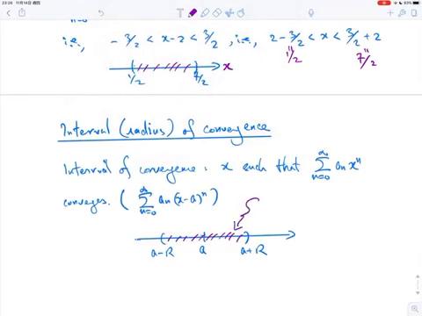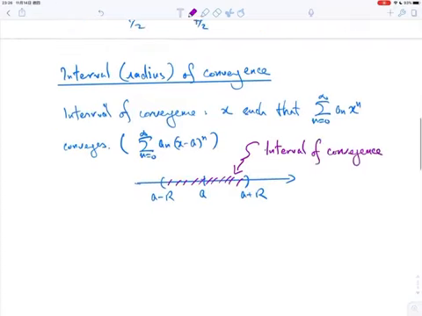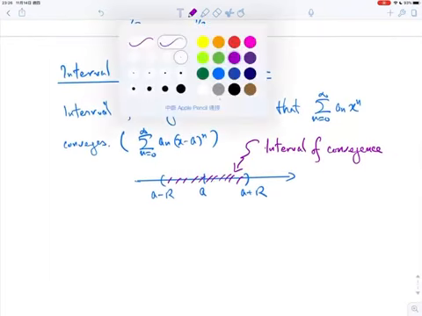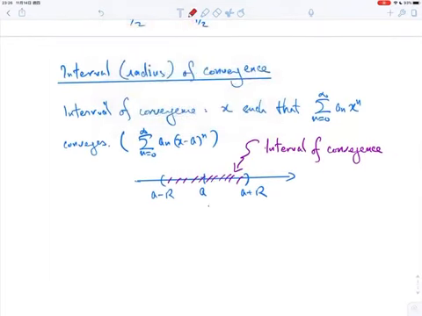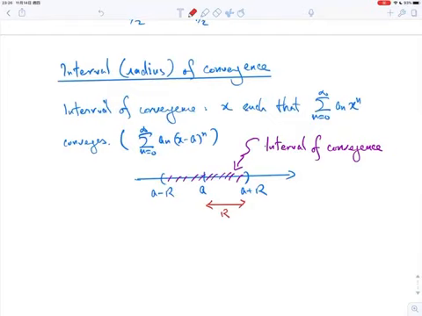So this is called the interval of convergence. And the length of R for this interval, half of it if you like, would be called the radius of convergence.